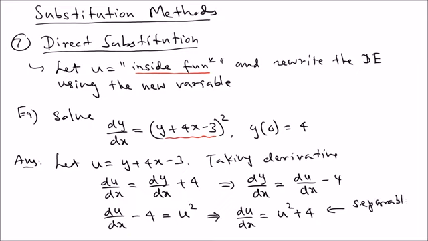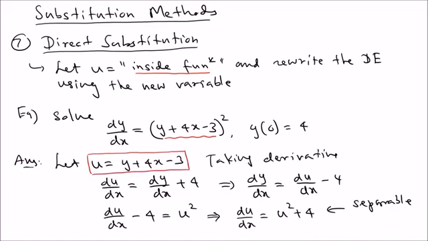So we can just use the separation of variables method to continue. So we're going to solve for u first. After you solve for u, then you can use the substitution to solve for y. Okay, so that's the idea.